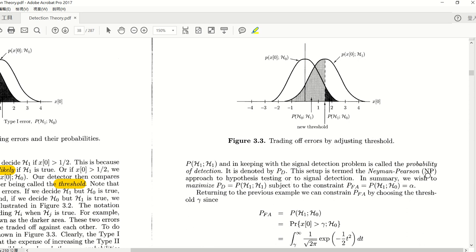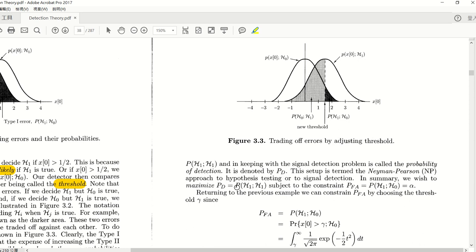So in summary, we wish to maximize PD, the probability of deciding H1 when H1 is true, subject to the constraint PFA equal to alpha. In other words, PD is something we like to have as much as possible.